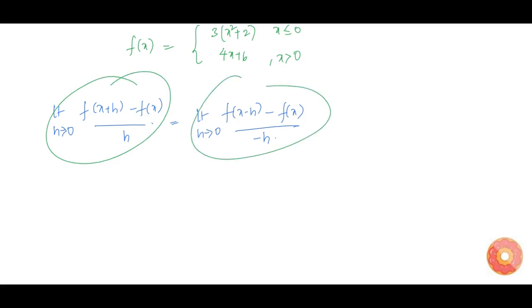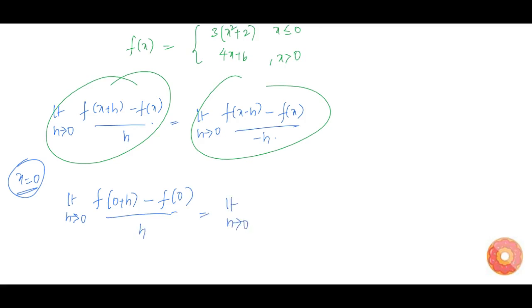Now let us first find out the LHS of the equation. Limit h tends to 0 f of x plus h minus f of x by h. We are going to check the differentiability at the boundary, therefore x is equal to 0. Now f of 0 plus h minus f of 0 by h is equal to limit h tends to 0 of f of 0 plus h. Since h is positive, 0 plus h lies in the interval 0 to infinity. For that the function is 4x plus 6. Now substitute 4x plus 6.